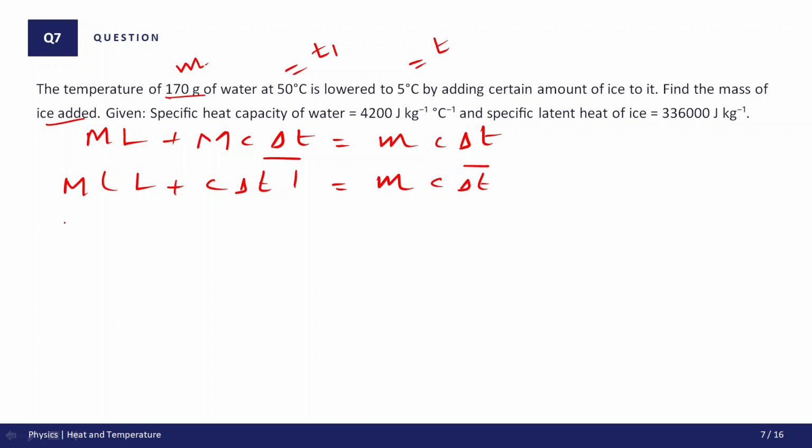M is unknown, so m as it is I will take. L value is 3 lakhs 36,000 plus C value is 4,200. The change of temperature is 0 to 5, so I will just write 5 equal to the mass of hot water 170 grams.